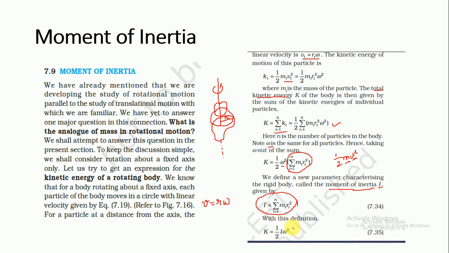So with this definition, the rotational kinetic energy can be written like half I omega square, where I is the rotational analog of mass, omega is the rotational analog of velocity. So one very important expression we have obtained for the moment of inertia, that is summation i varying from 1 to n m_i r_i square.